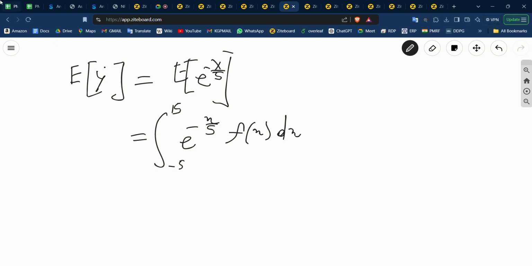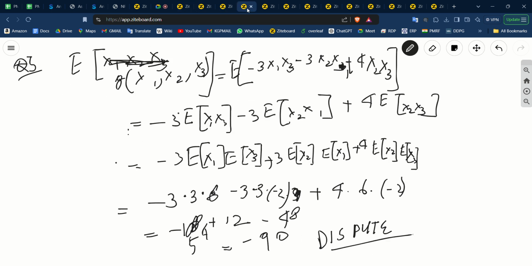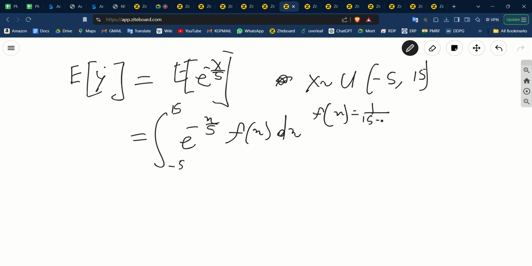And what is the PDF given? The PDF is given as uniform distribution. So x is distributed as uniform between -5 to 15. So f(x) is equal to 1/(15 minus -5), between -5 to 15, 0 else.